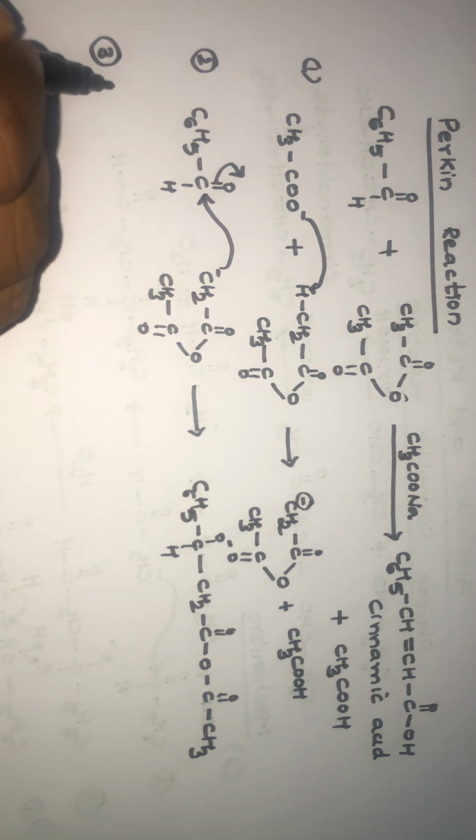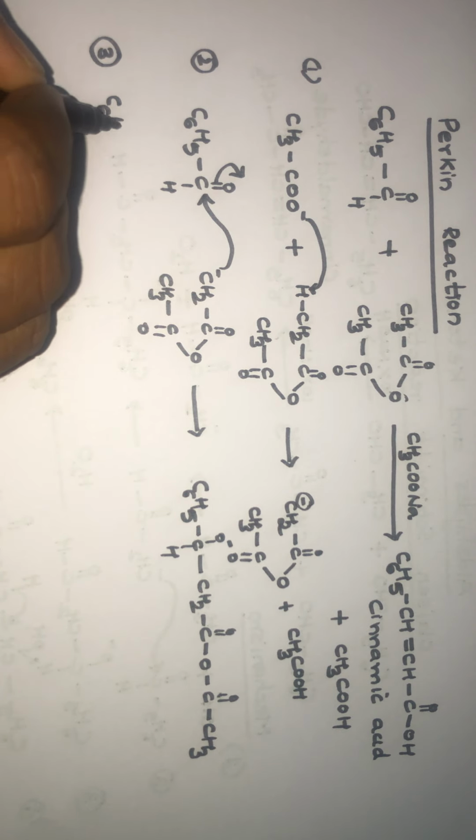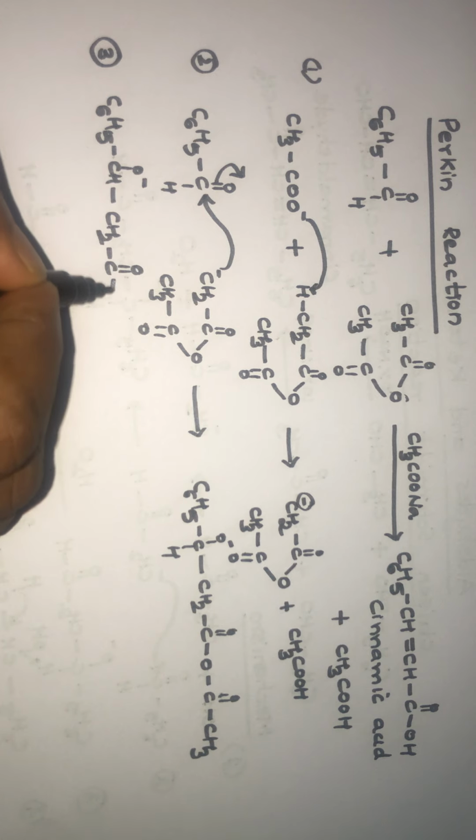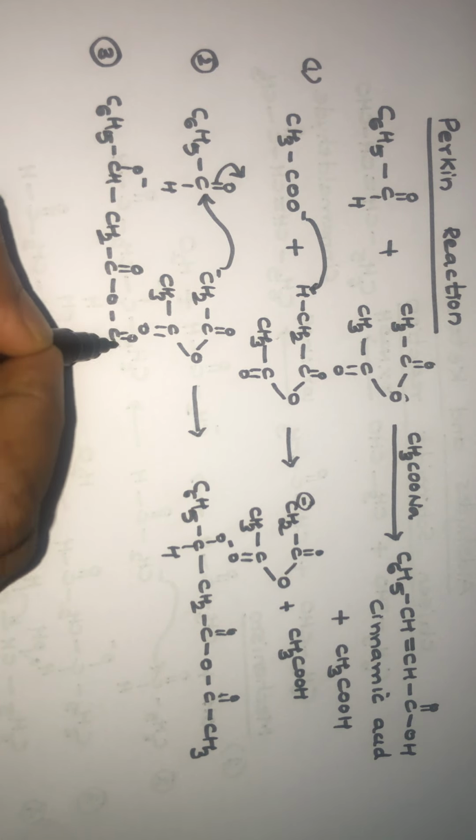Just write this molecule: C6H5, CH with O minus, CH2, C double bond O, O, C double bond O, CH3.